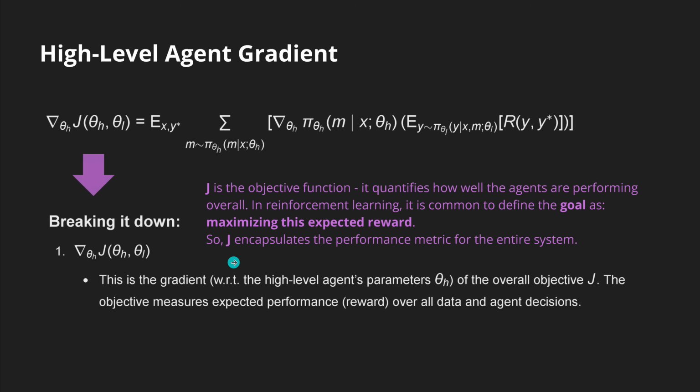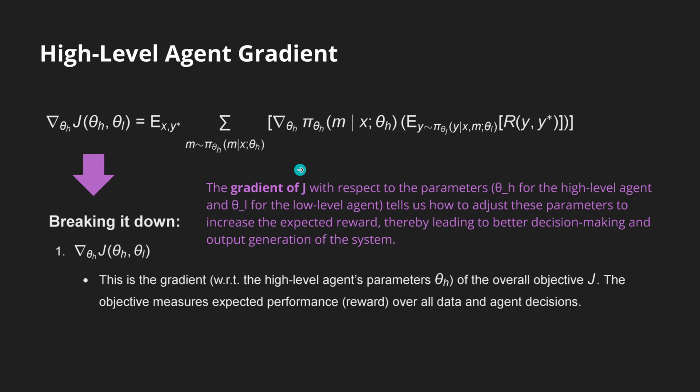So J encapsulates a performance metric for the complete system. The gradient of J with respect to the parameters of the system, theta h for the high-level agent and theta low for the low-level agent, tells us how to adjust these parameters to increase the expected reward, thereby leading to better decision-making and output generalization of the system.